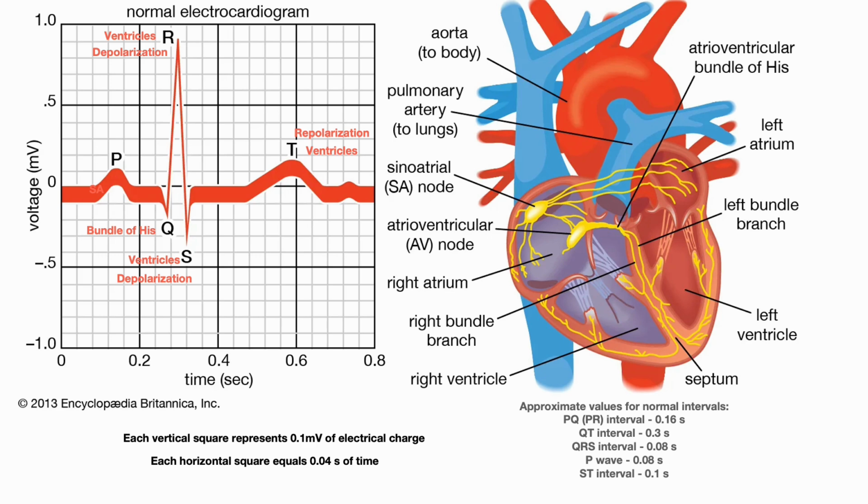A heightened R wave indicates that ventricular hypertrophy is present. An R wave that is decreased in height means that the ventricles cannot contract fully, as happens if they are surrounded by fluid, like in cases of pericarditis.